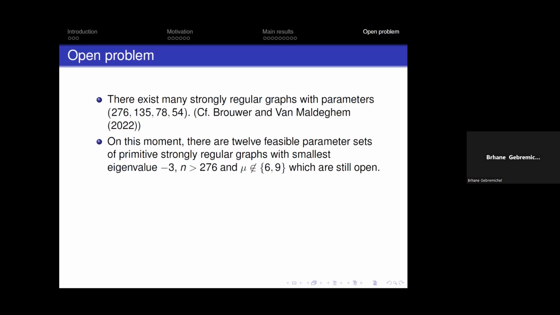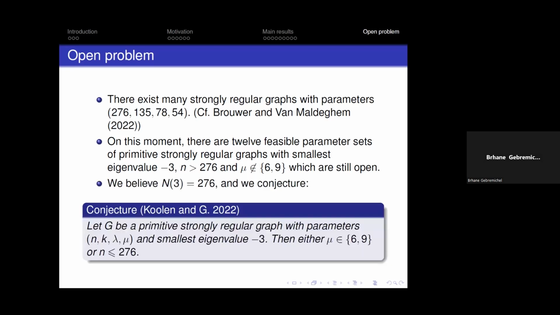The graph on 276 vertices also has smallest eigenvalue -3, so we believe that n must be at most 276. So we give this conjecture.